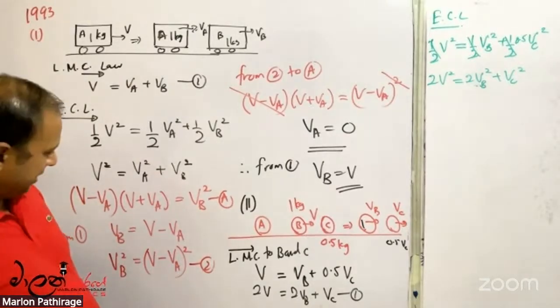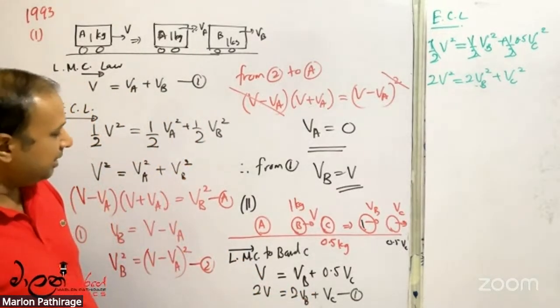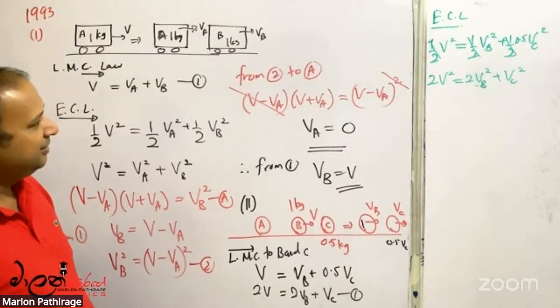Then we can subtract v_B square from here and apply it to that side.